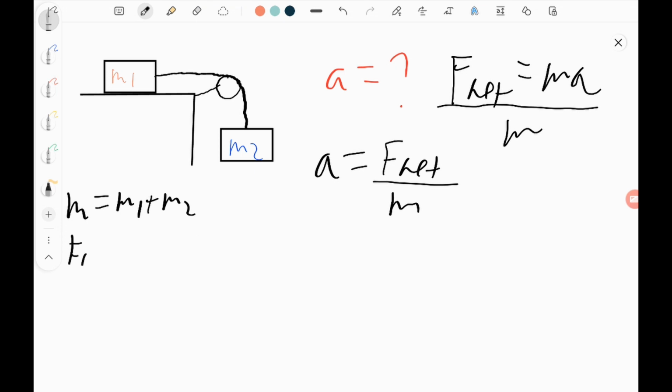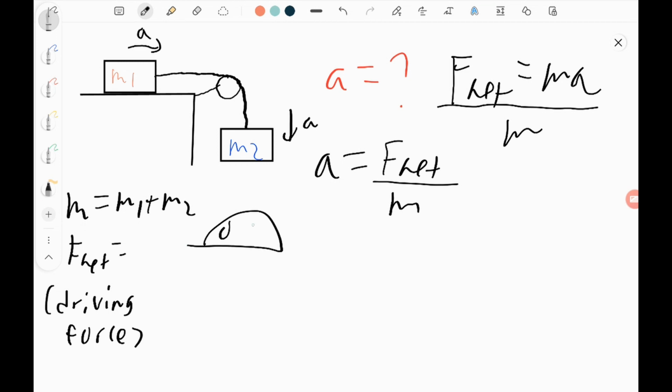Now, what is F net? Now, F net is going to be the driving force that causes the acceleration. So what is that force? Which force is causing the two blocks to accelerate? What is causing M1 to accelerate to the right and M2 to accelerate downward? Well, we know that the Earth interacts with the system, so we know that a gravity force is going to act on both blocks.